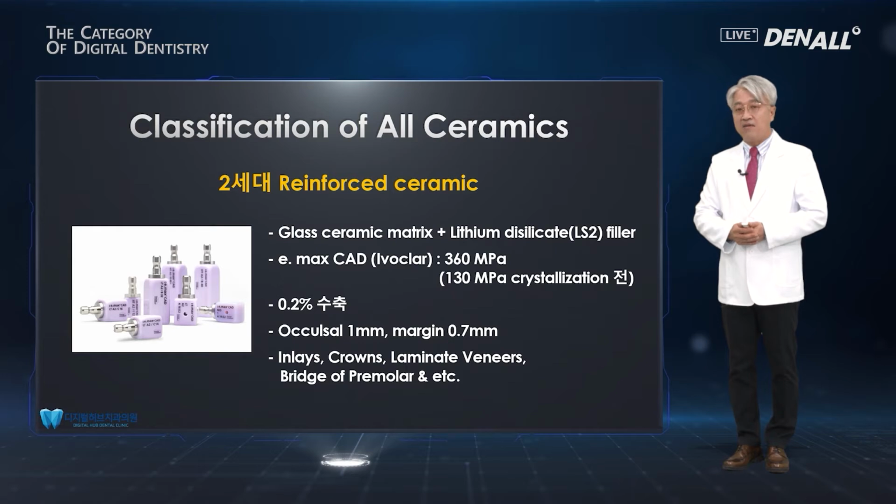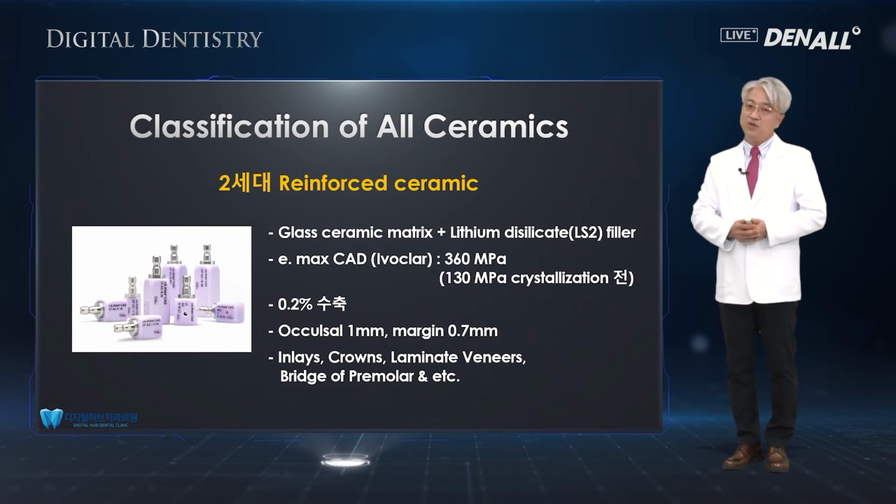So strength has been reinforced. So for laminates and for crowns, it's a very popular material. Of course, there is a contraction of 0.2%, but that is not a big number, so you don't have to worry a lot about contraction.